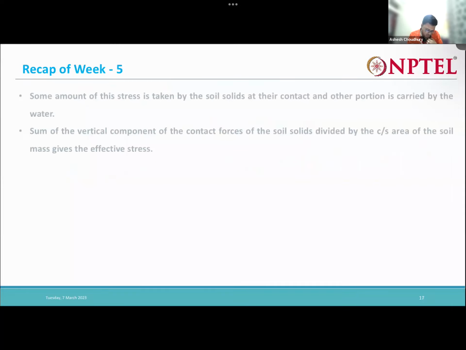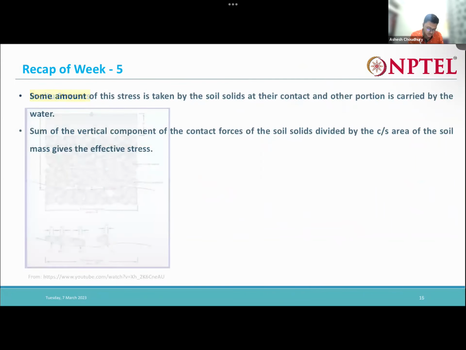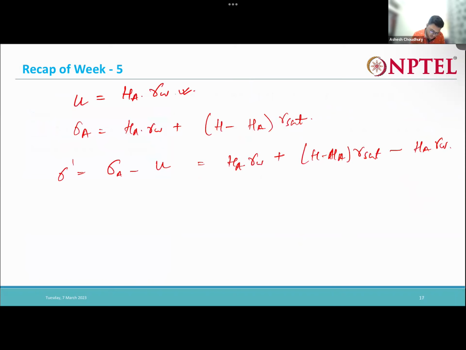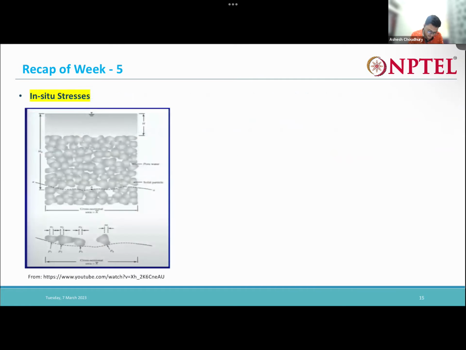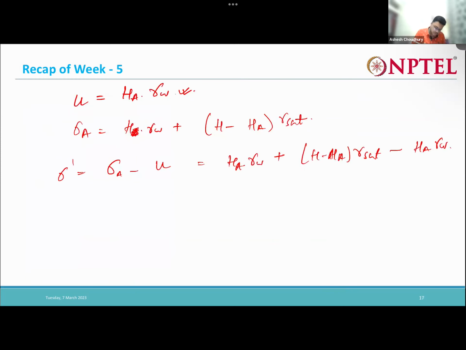HA. H into, no, this is actually H, I guess, right? This is actually H into gamma W, total height.